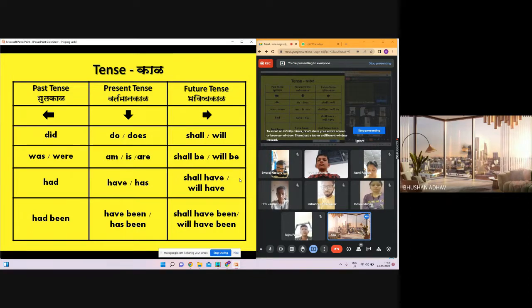Now the present tense: what is the present? Right now, it is happening in the current century, current era, this year, this month, this week, at this moment, today, this hour, this minute, this second.